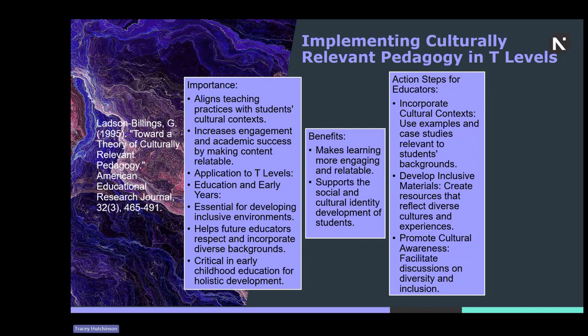Develop inclusive materials: create resources that reflect a wide range of cultures and experiences. This inclusivity ensures that all students see themselves represented in the curriculum. And promote cultural awareness: facilitate discussion on diversity and inclusion, encouraging students to explore and respect different cultural perspectives.